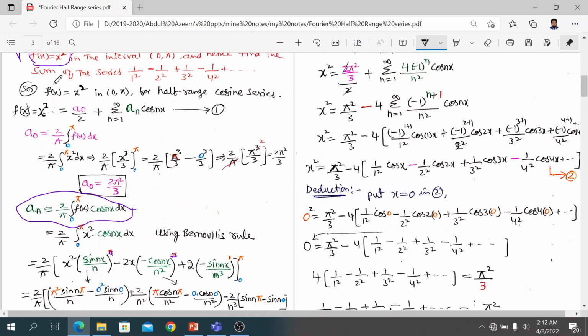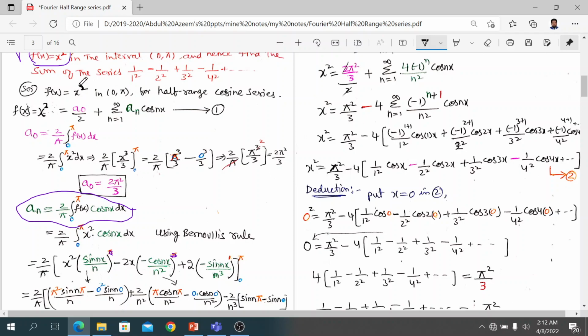So f of x is given in the interval 0 to pi. What is the formula? f of x is equal to x square is equal to a naught by 2 plus sigma n is equal to 1 to infinity a n cos nx. First equation. First we will find a naught, then a n. The a naught formula is 2 by pi integration 0 to pi f of x dx.